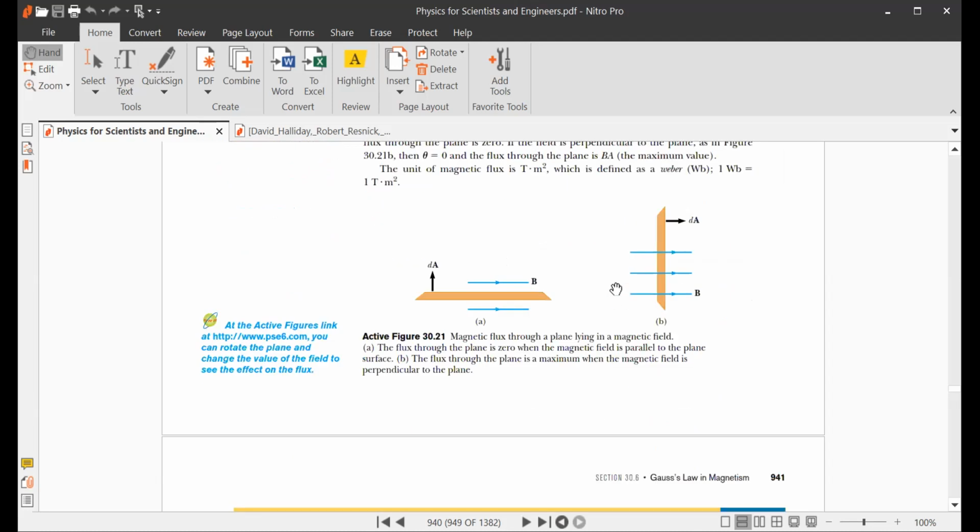This dA is the area vector, normal to the surface whose area is A. B dot dA in this case is not zero. But in this case, because B is perpendicular to A, B dot dA is equal to zero. This is parallel, this is perpendicular.